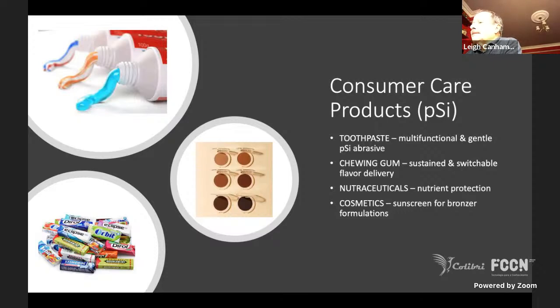And very different industries. These companies will often give you training. So for example, for food, we were trained how to set up a taste panel and assess the taste of nanoporous silicon, the mouth feel, the skin feel, and so on.